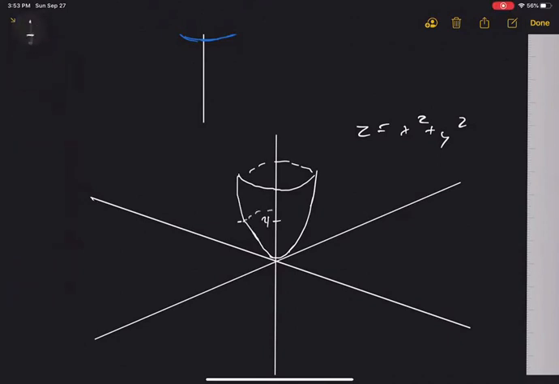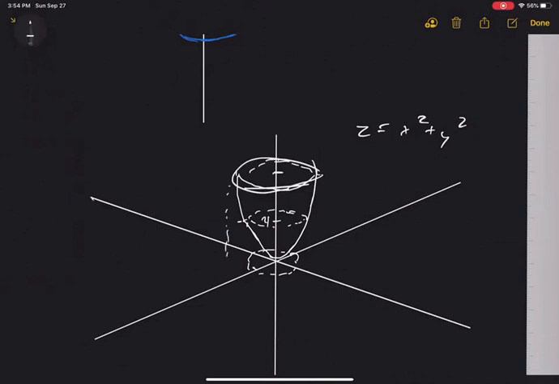But the level curve is this cross section dropped down to the xy plane. In other words, it's all the xy values that give you that cross section. And if I went further up to level 9 and took a cross section there, again that cross section at 9 is just going to be this circle.